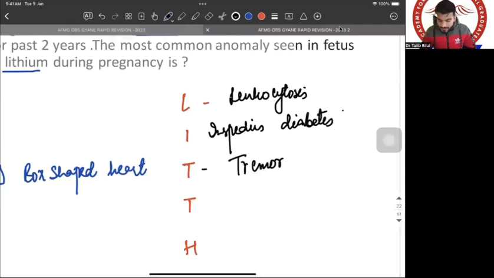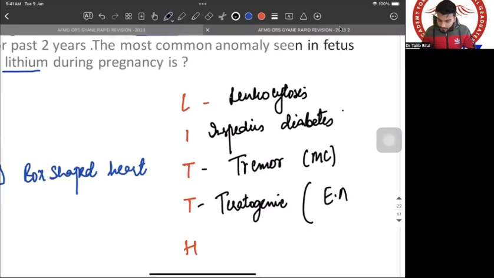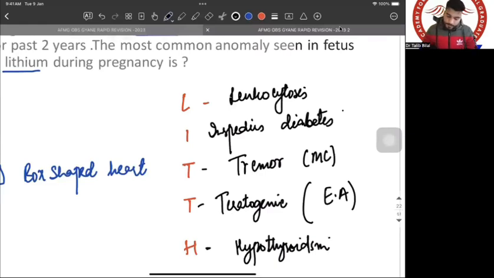The most common side effect of lithium is tremors. T is teratogenic, that's Ebstein anomaly. And H is for hypothyroidism.